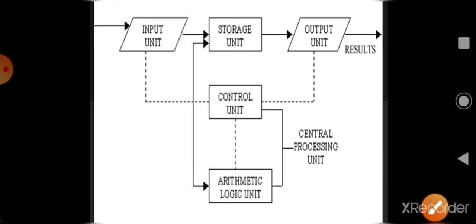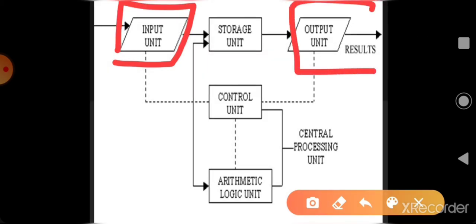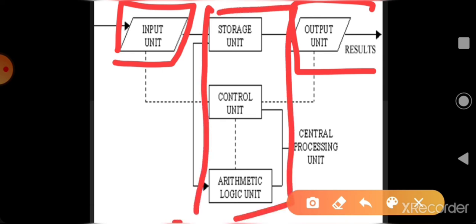And here you have to watch one more thing. The input unit is separate, the output unit is separate, and this is the CPU. The computer has three divisions: the input unit, the storage unit and CPU, and the output unit.